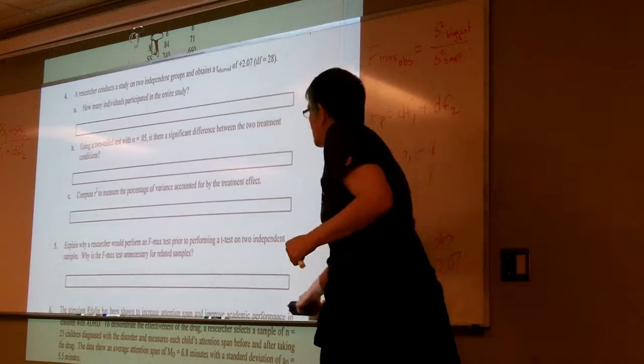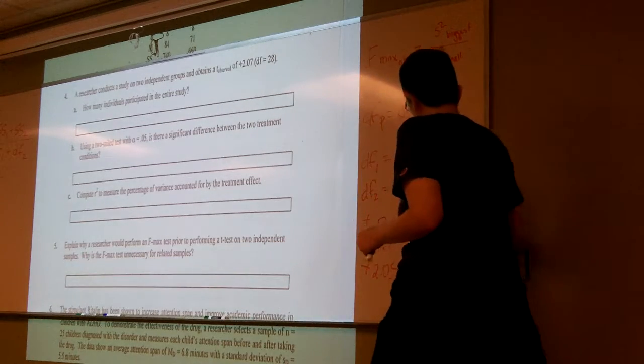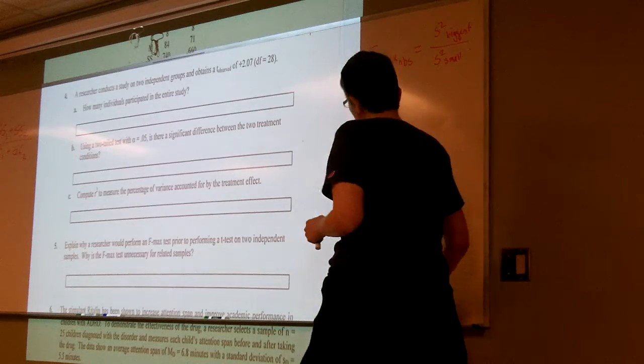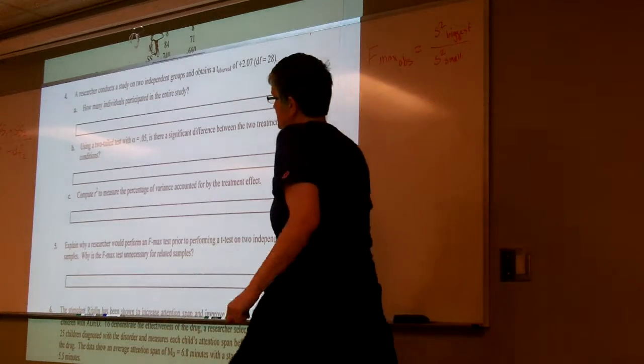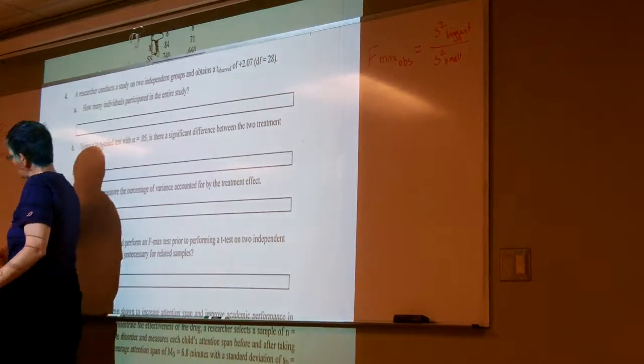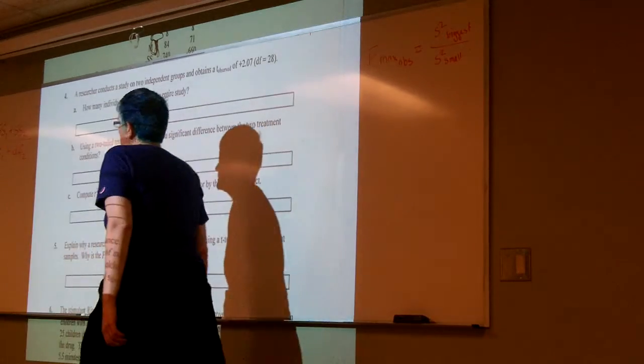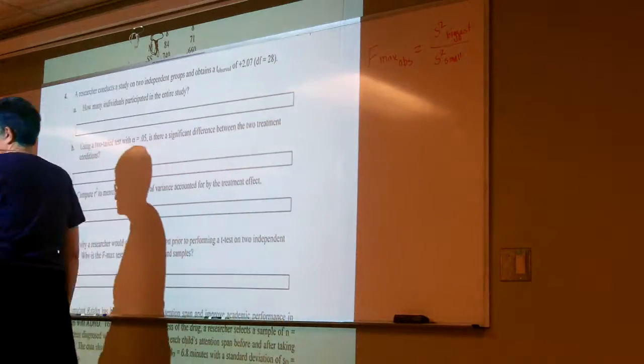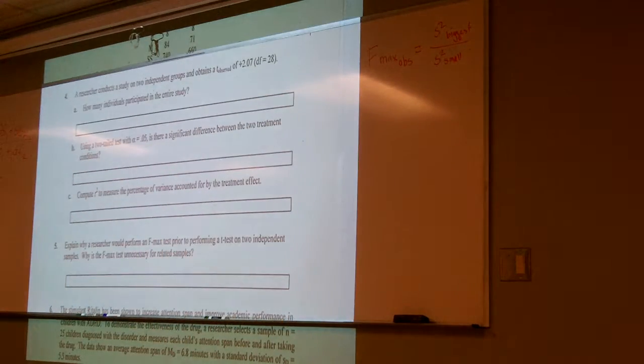All right. R squared for independent samples right there. So what do we get for R squared? 13%. R squared is 13%.